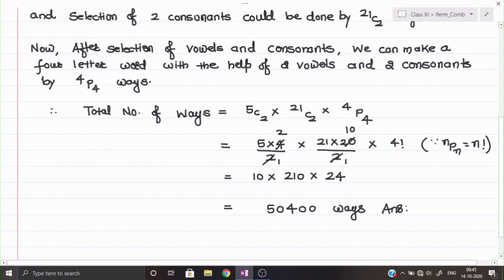Okay, so this completes your question. You can say that the 2 vowels and 2 consonants we can select by these 2 ways, and then we can form the word with the 4 letters given to us. A 4-letter word we can form by 4P4 ways. So the total number of ways here is 50400. Now let us see the next question.